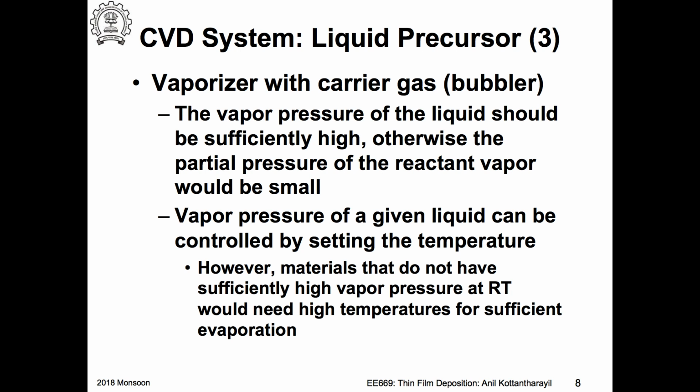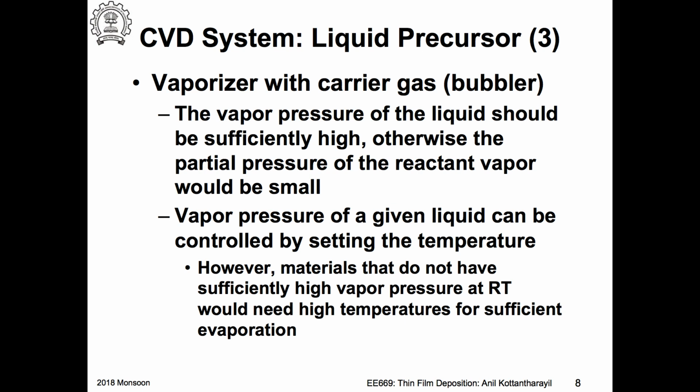And the other thing is that I also have a mechanism to dilute it. Otherwise, it's going to be 100% of the vapor of this. So the carrier gas does two roles. It actually gives me higher vaporization of this, right?